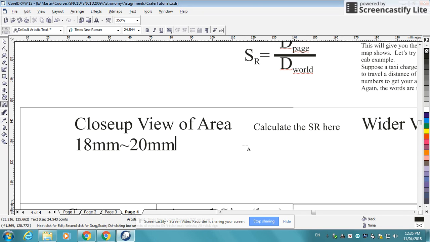And that distance we need to divide by what it really meant in the real world, which is 10 kilometers. And this gives us a map scale of 2 millimeters per kilometer. This means for every 2 millimeters we move on the map, that's a kilometer in real life.